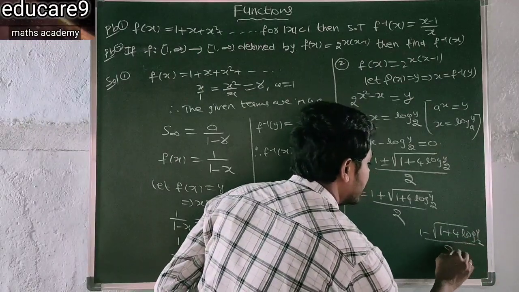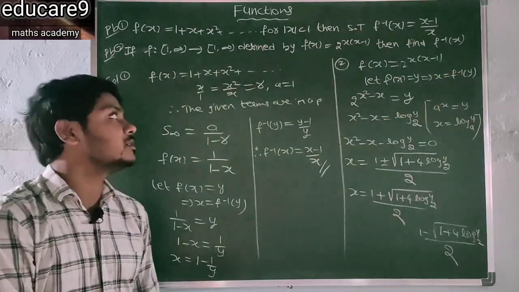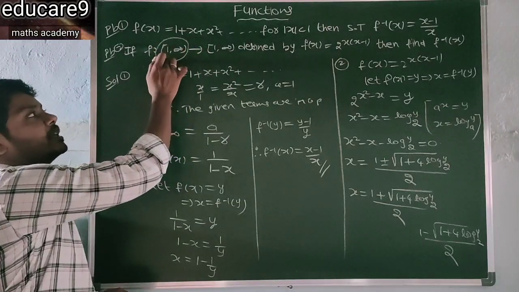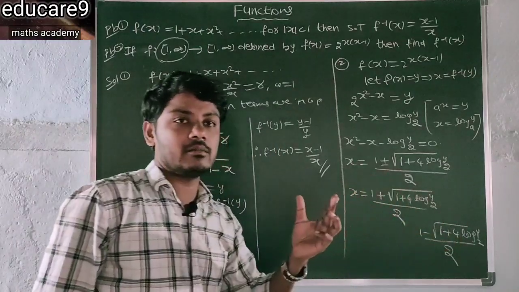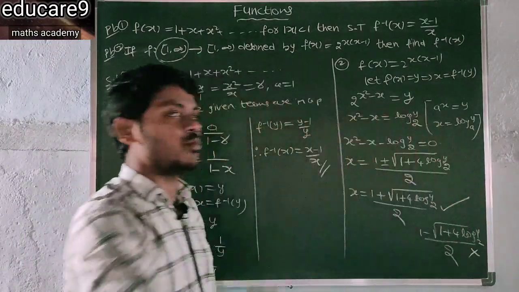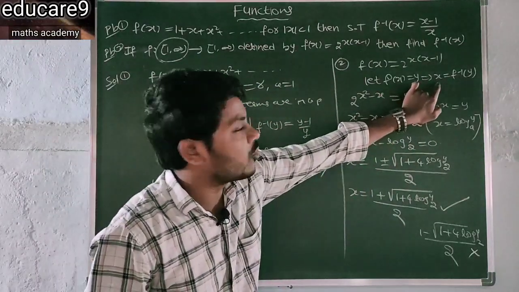So divide by 2. But here the x values are what? Domain values. So domain values are a values, that is 1 to infinity. But here 1 minus something, so clearly this is not possible. Only this is possible. So what is x? f inverse of y.